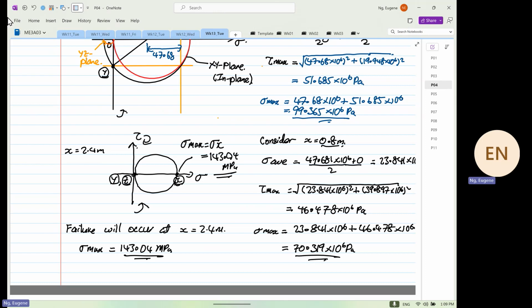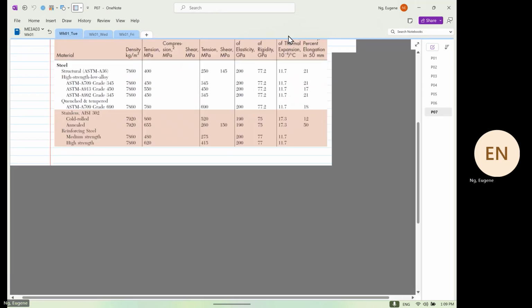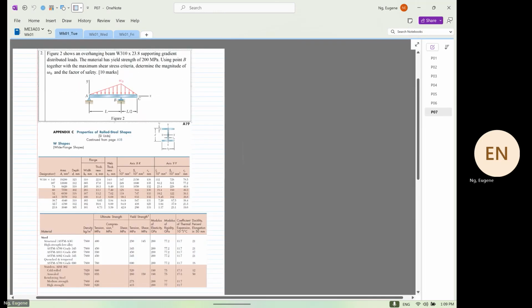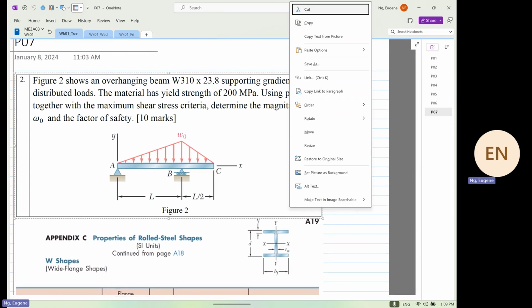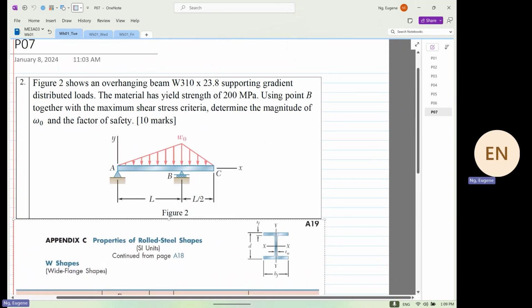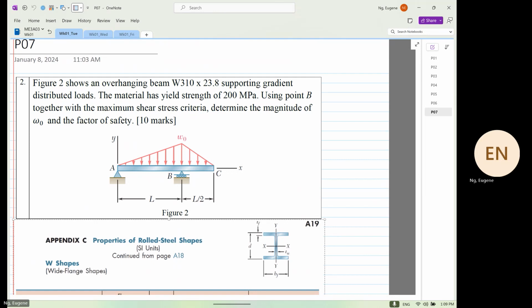If you look at week 1, can you remember this? Now I want you to read this question. Once you read this question, what are you going to tell me? Anyone? Easy peasy.